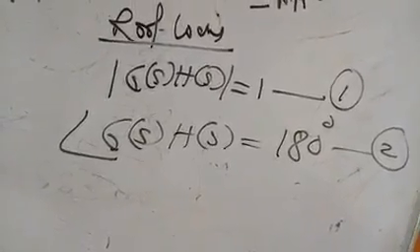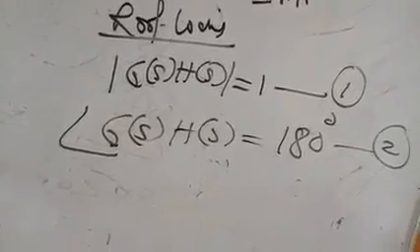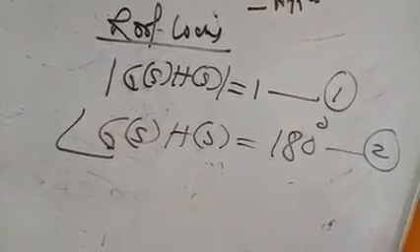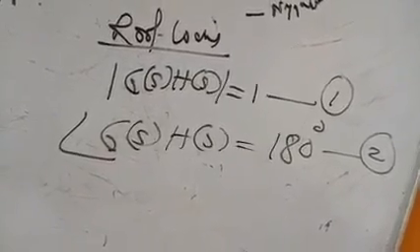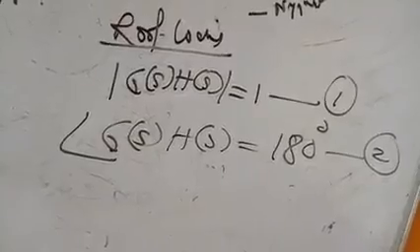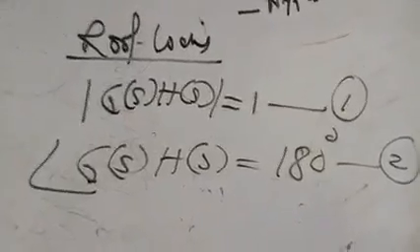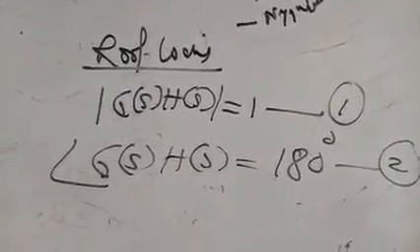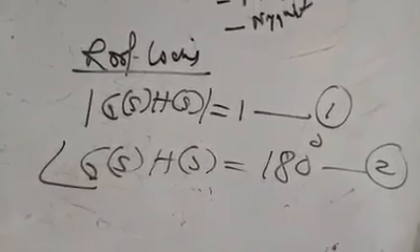Another definition: root locus is a graphical method to find the position of the roots of the characteristic equation, also called the poles of the closed loop transfer function. Or simply, root locus is a graphical method which satisfies these two conditions: the magnitude of G(s)H(s) is equal to 1, and the angle is 180.